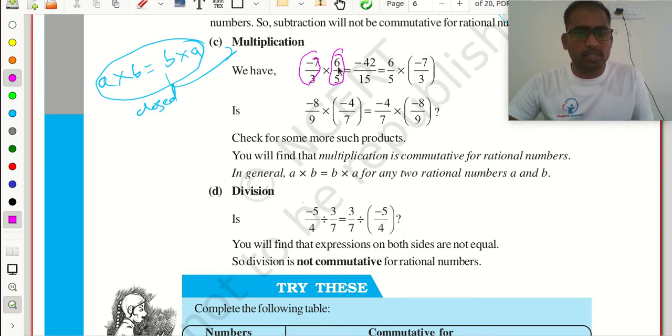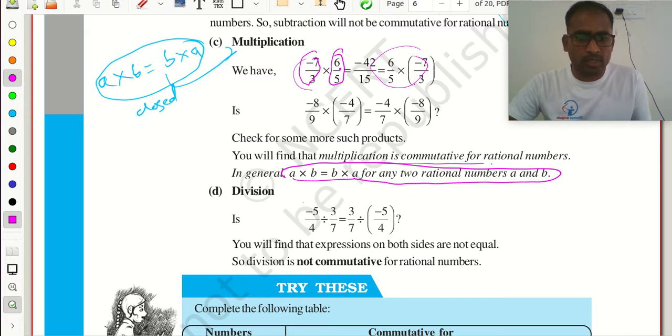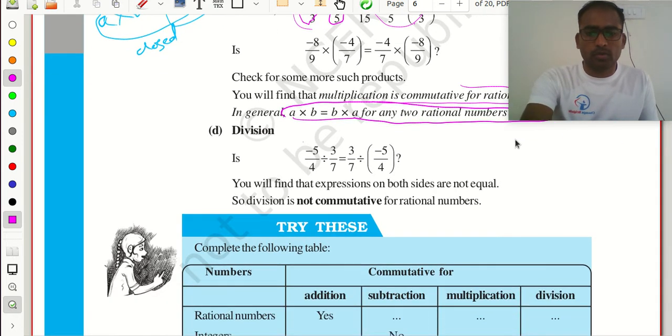I am doing multiplication of these two. I got minus 42 by 15. Again I will exchange these two terms. Minus 6 by 5 multiplied with minus 7 by 3. So I will get the same answer only. So I can say this relation is satisfied now. So I can say multiplication is commutative for rational numbers. Clear? Next, we will go for the division.